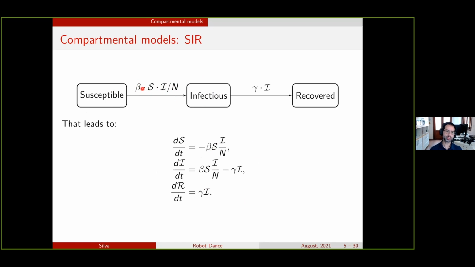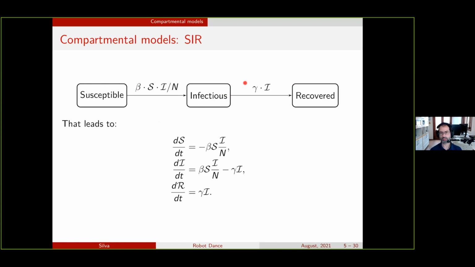And there is a parameter here, called beta, which measures the probability that a contact might create the spread and might induce the disease. And from infectious to recovered, you have a very simple decay model where you say basically that every single time step, the person might recover at a certain rate, which is this gamma rate.